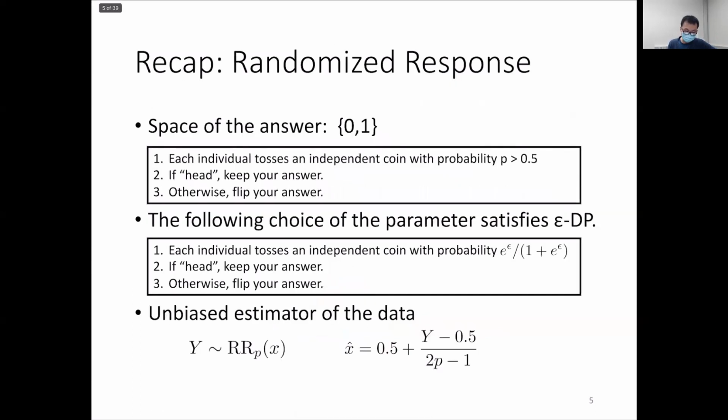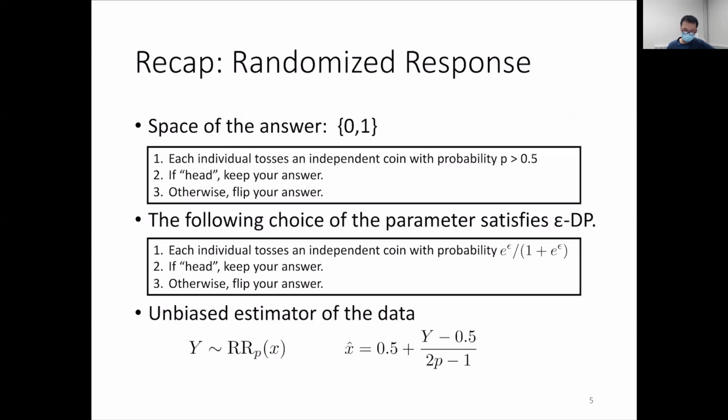We talked about randomized response, which we introduced in the first lecture. The randomized response is very simple. Basically, the data set is just a bit of information, and you toss a biased coin with probability larger than 0.5 and decide to answer honestly when that happens, and decide to flip your answer when you get a tail in your biased coin.